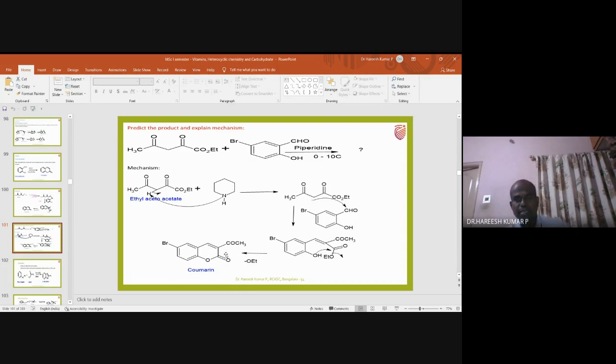So today we discussed the reactions, more particularly synthesis reactions of thiazole and isothiazole. We also discussed what coumarin is, and how coumarin is synthesized.